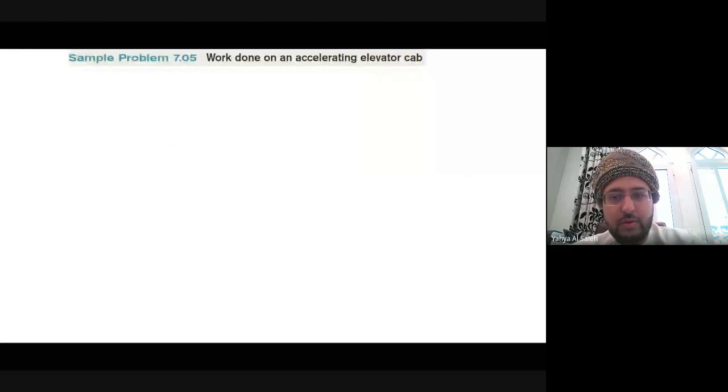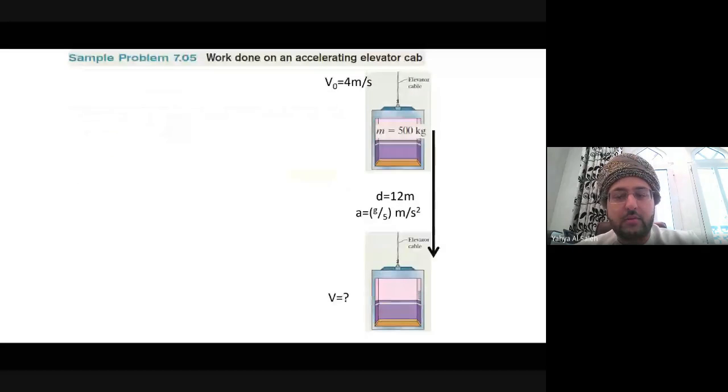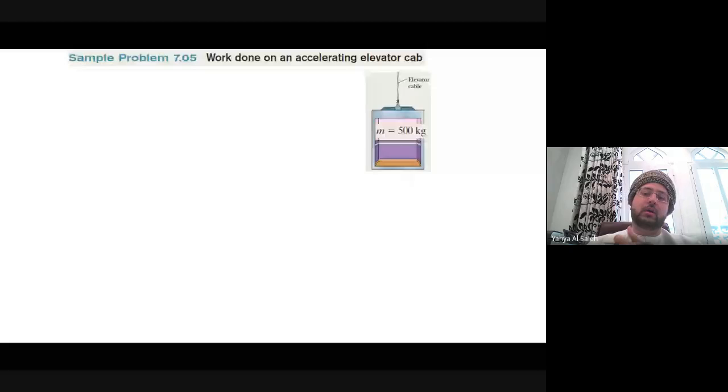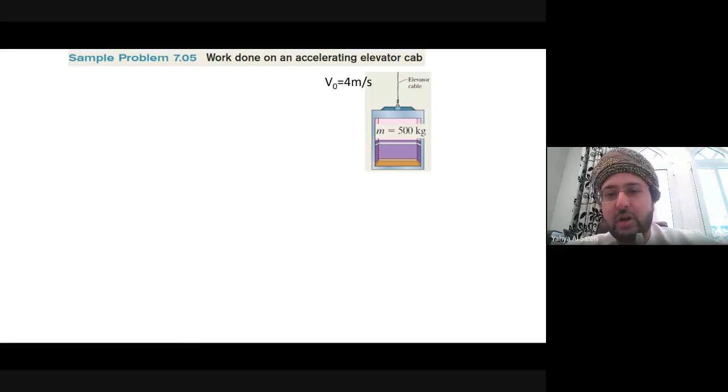Okay, so this was a very quick reminder of what we did in the previous lectures. And we're going to be doing a rather numerical example. Let's consider an elevator, a lift, of mass 500 kilograms, which is moving at a velocity of 4 meters per second downwards.